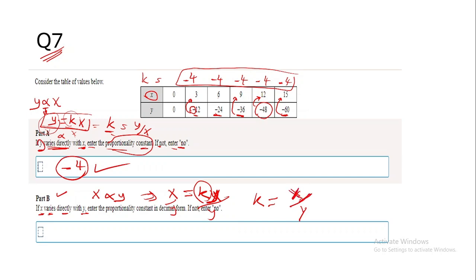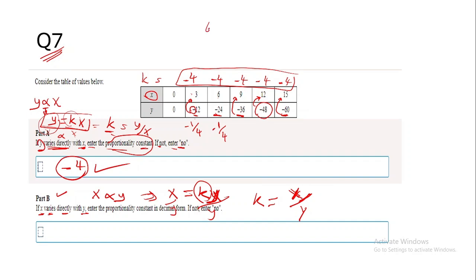Right? So let's see. 3 divided by negative 12, which will be negative 1 over 4. 6 divided by negative 24, it will be negative 1 over 4. How did this come?